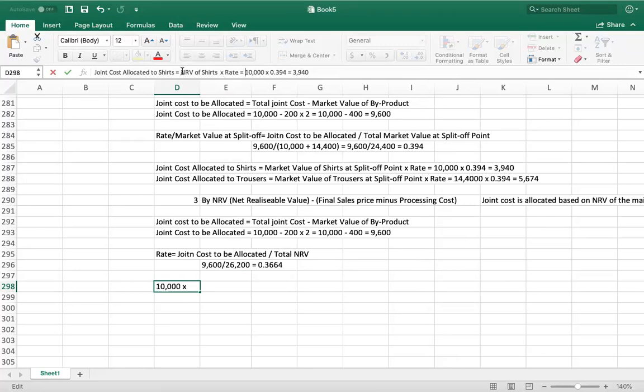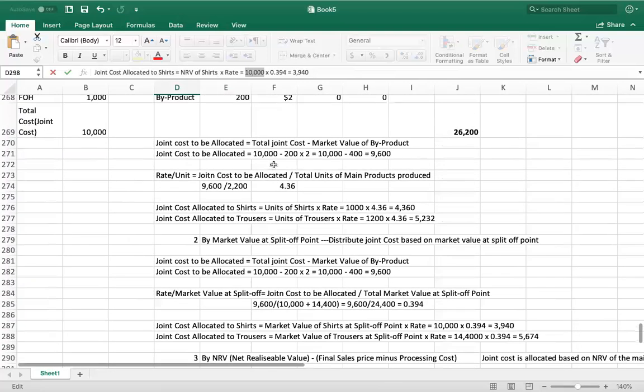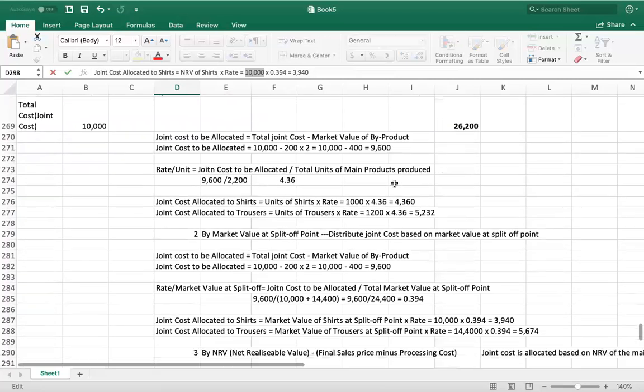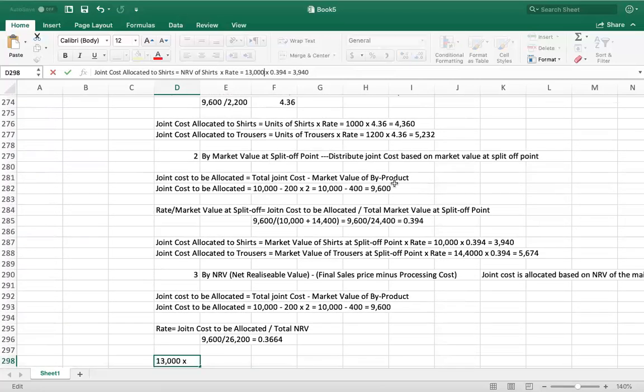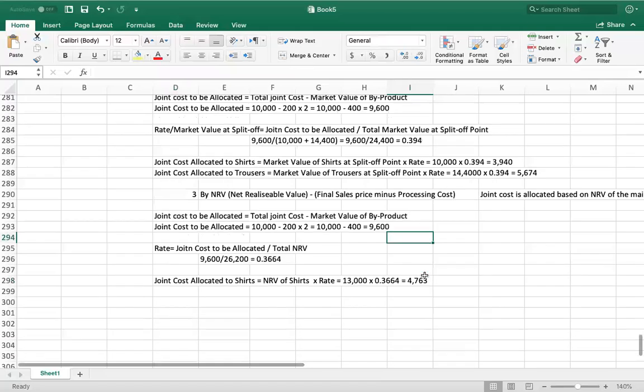NRV of shirts is 13,000, so you will multiply 13,000 by the rate 0.3664. How much does it become? 4,763. So this is our cost allocated to shirts.